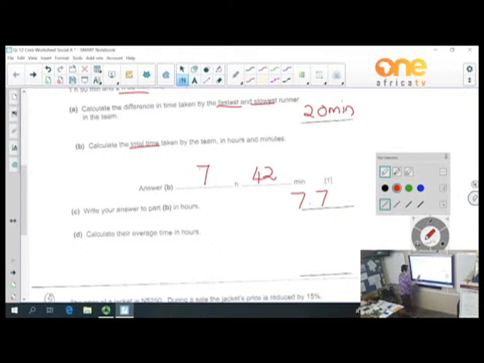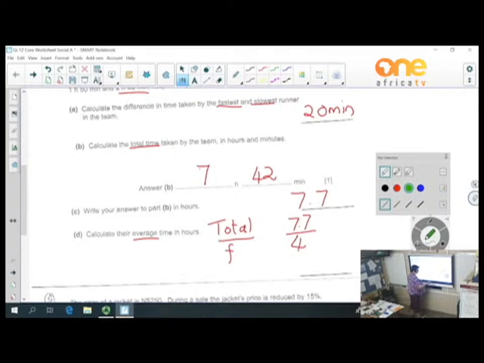And now they say the average time. So what is average? Total divided by frequency. So that means we're going to add all, here we have it already, the time, isn't it? And we divide it by the 4 athletes, isn't it? So actually, you can just use this one, 7.7, divide by the 4 athletes, and then we get the average.